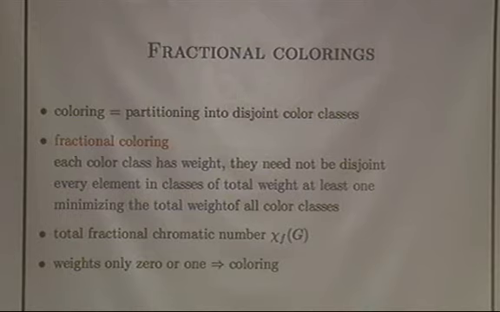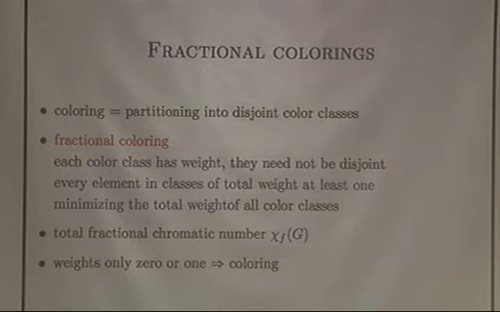So I will give an example in a second, but let me go through the definition first. We consider color classes, which in case of vertex coloring should be independent sets, in case of edge colorings should be matchings, in case of total colorings should be total independent sets, and these color classes need not be disjoint, but each of them is assigned a weight.